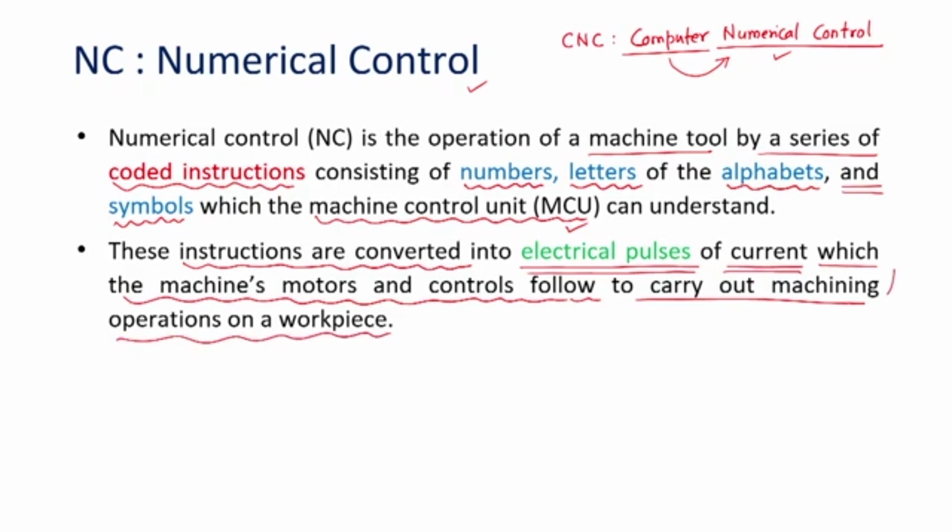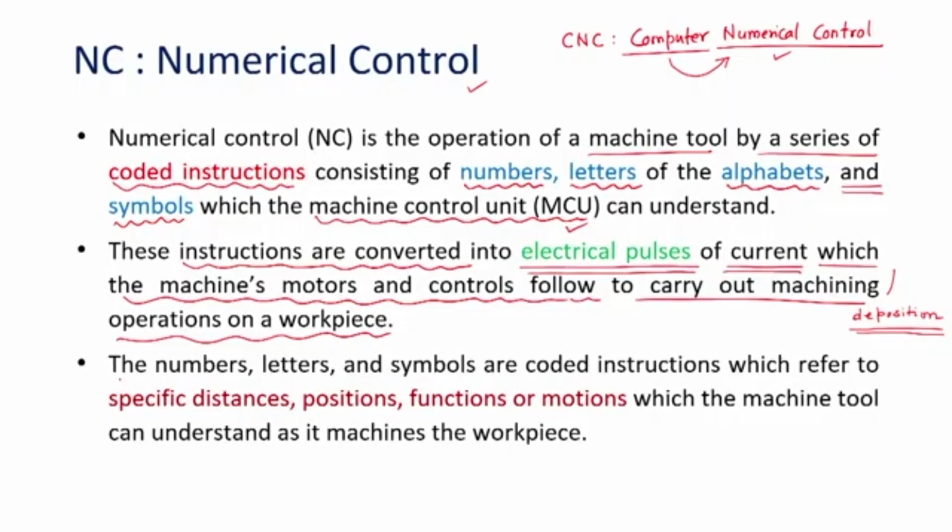In additive manufacturing processes, it may be the deposition operation. In welding processes, it is a welding operation. Whatever the intended operation, it is carried out by having control over the actuators, the prime movers, which are the electrical motors in the CNC machines.